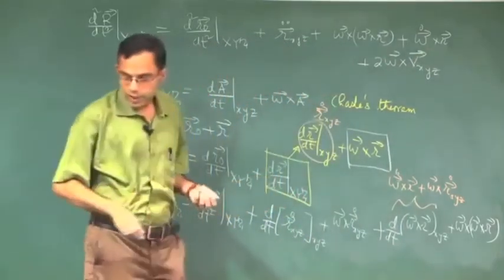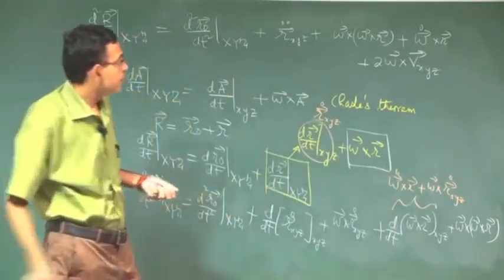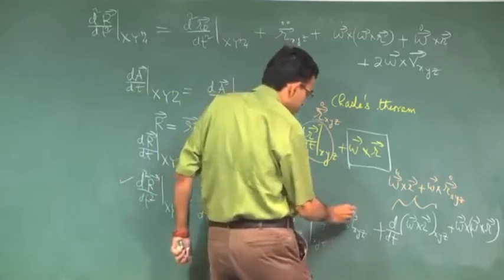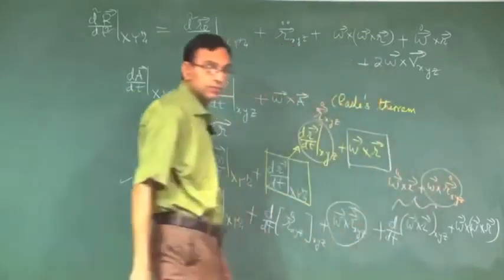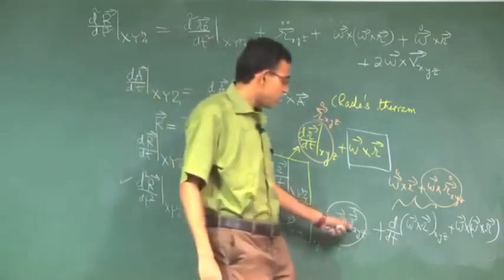So this 2 omega cross V xyz comes from one from here and another from here, and r dot is V.